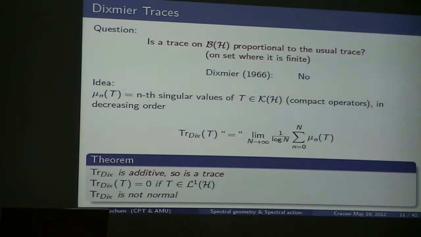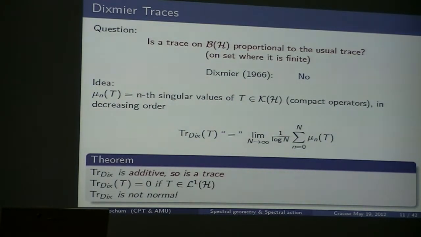And that's very strange because a trace is just a sum of the eigenvalues, it's kind of unique. Well, the idea is the following. For T a compact operator, so it has a discrete spectrum, mu_n(T) is just the nth singular value of T, arranged in decreasing order.